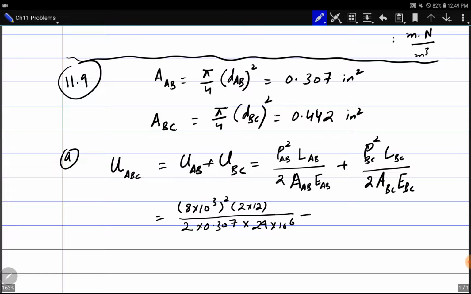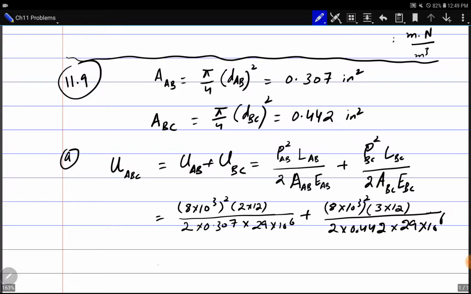Plus similarly P_BC is the same, 8 into 10 power 3 pounds. L_BC is 3 feet, so 3 into 12 inches, divided by 2 times area of BC, 0.442, times E, 29 into 10 power 6.